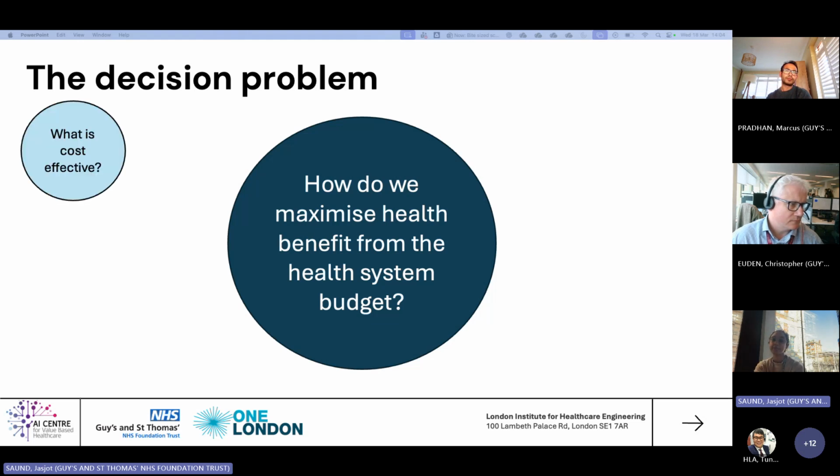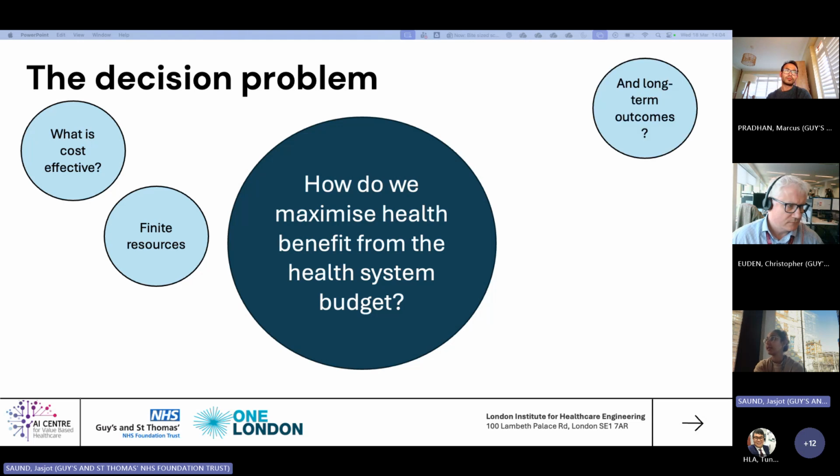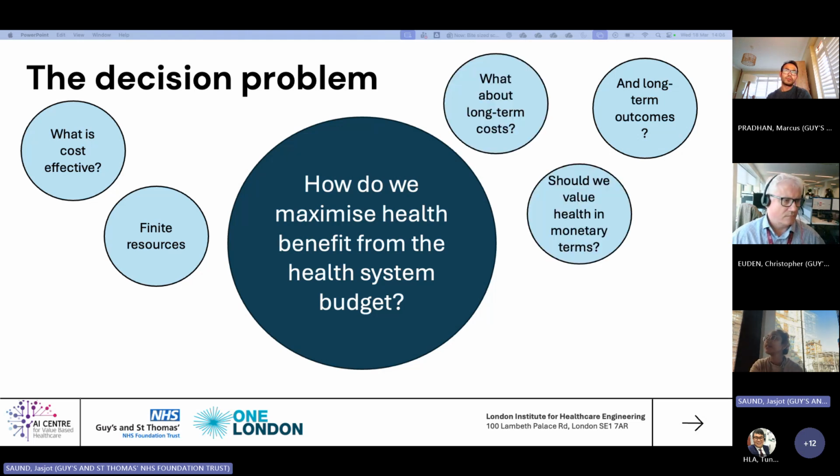So as you said, we might be asking, what does cost effective even mean? How do we distribute the finite resources in an equitable way? What about long-term outcomes? Things might be effective in the short term, but how do we model long-term outcomes? How do we model long-term costs? Should we value health in monetary terms?